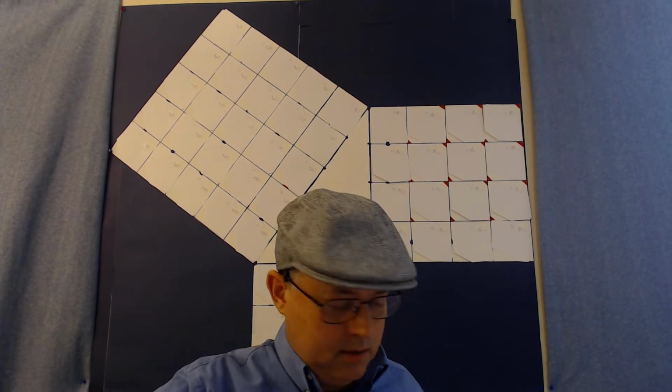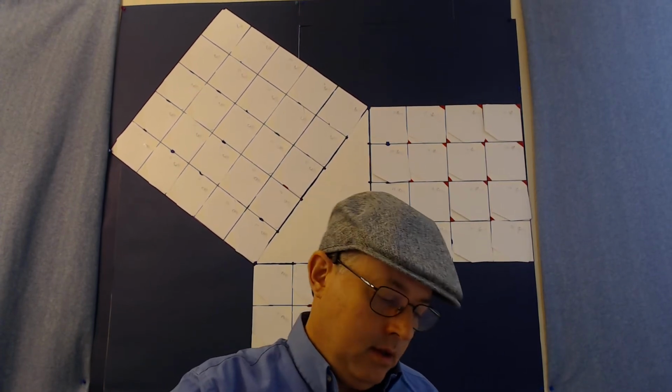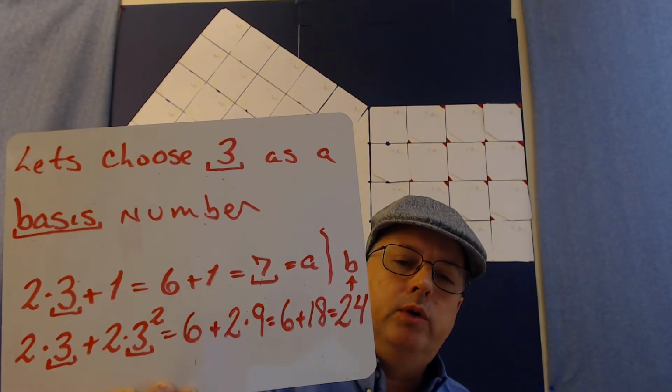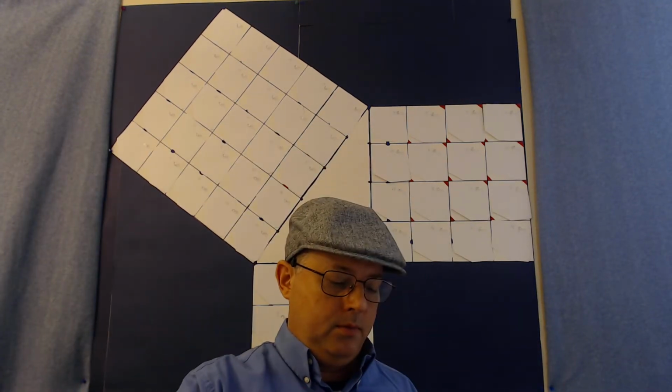And now this is taking shape here. And so now you can see that 7 is the A value and 24 is the B value. And remember that the C value is 1 more than the B value.